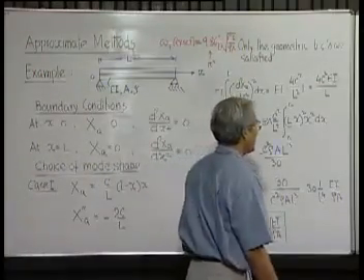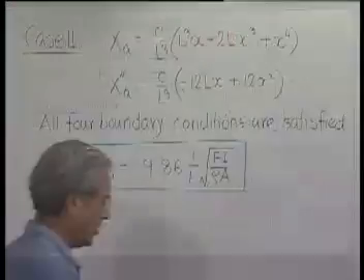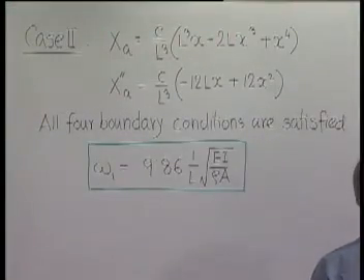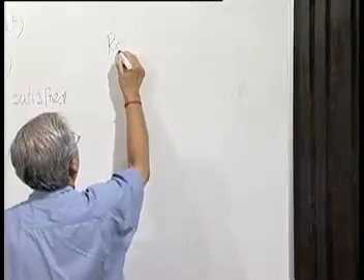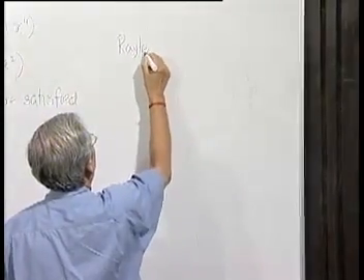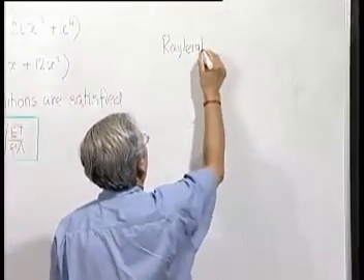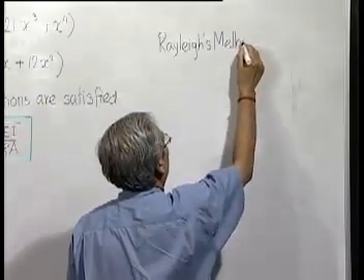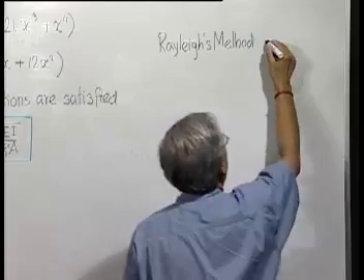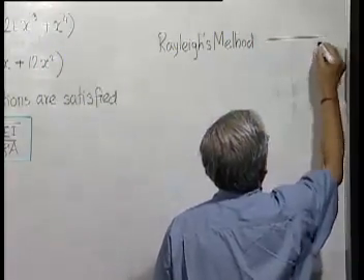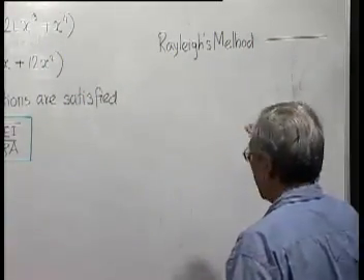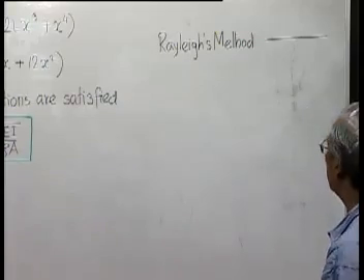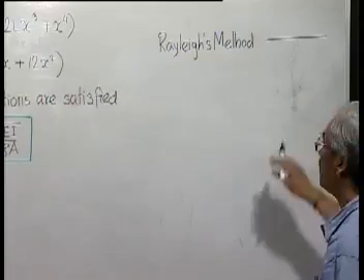So this Rayleigh's method will give us a limit. Whatever value we get, the actual value of the first natural frequency will have to be below this.